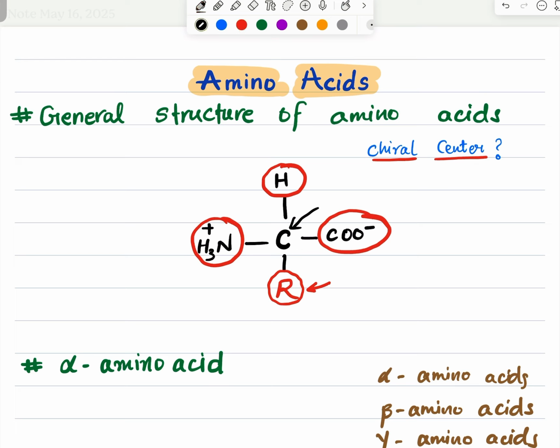This carbon here is the chiral carbon, and it is called the alpha carbon. This alpha carbon is attached to 4 different functional groups, and that's why they are called amino acids, and the type is alpha amino acids.